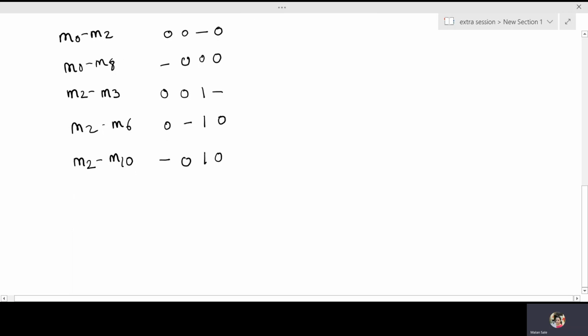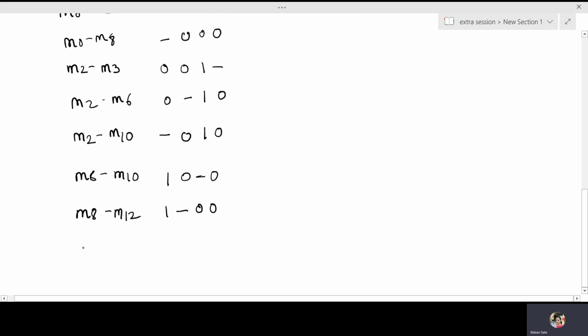Next one M8 and M10. I can make a comparison, and the binary representation will be 10-0. Similarly, we have M8, M12 with the representation 1-00.